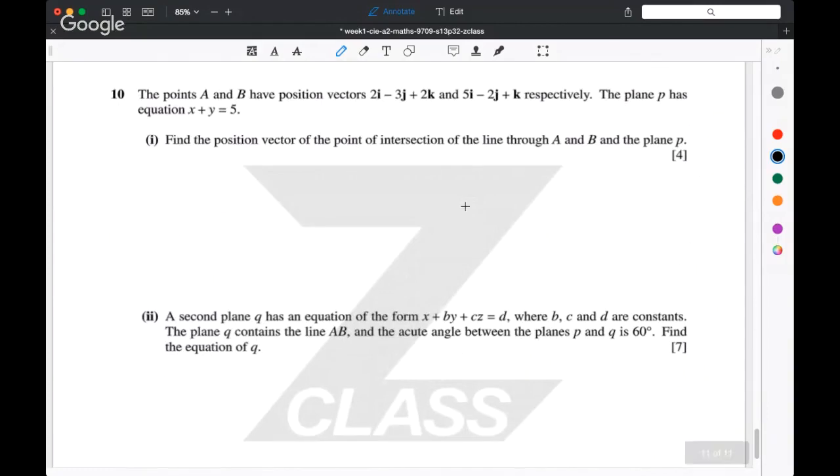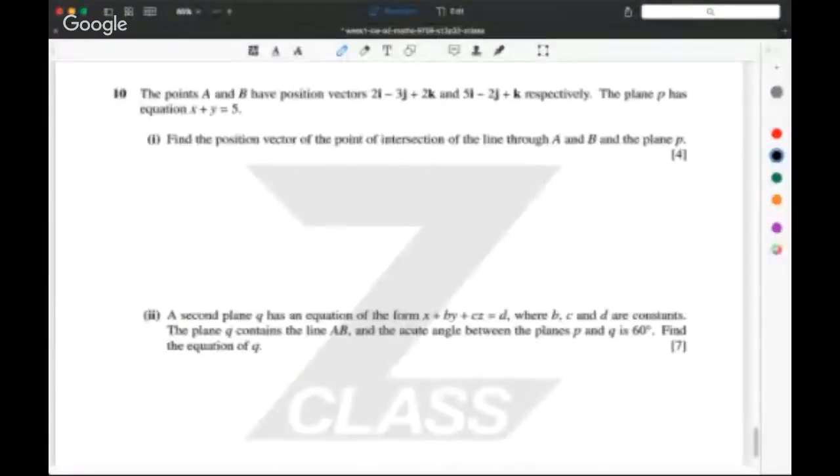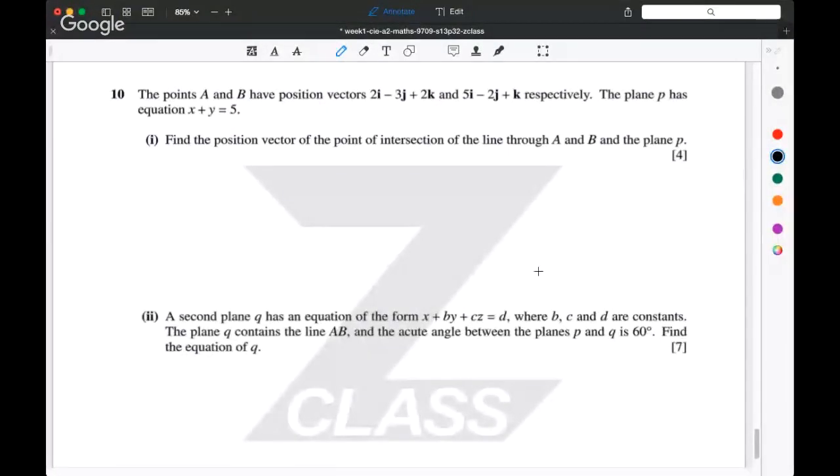All right, question 10, vectors. So vectors and planes. We're given two vectors. A is, I'm going to write it in my way, (2, -3, 2). And B is equal to (5, -2, 1). And we want the position vector of the point of intersection of the line through A and B and the plane P. Well, we know that anything in P obeys this equation.